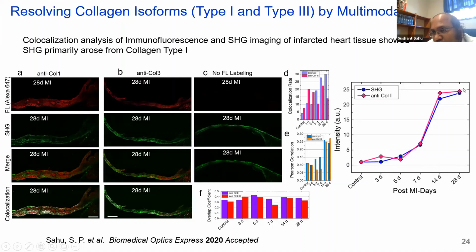So we analyzed the fluorescence channel as well as the SHG channel, and we show that the time-dependent progression of SHG follows collagen 1 using fluorescence. So what we showed here is that type 1 collagen gives you a strong SHG signal, and is primarily giving us the SHG response.